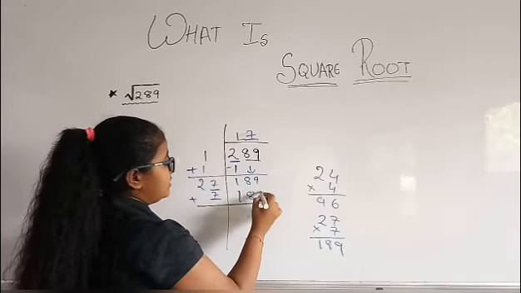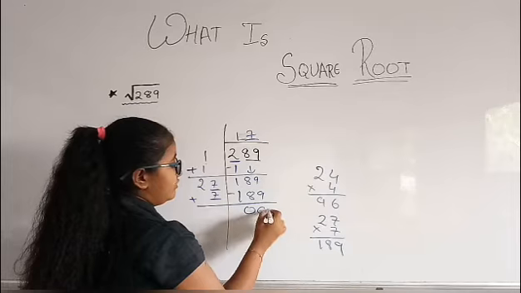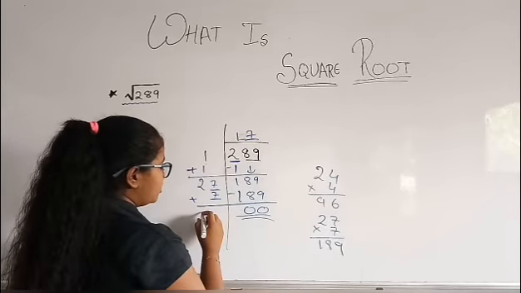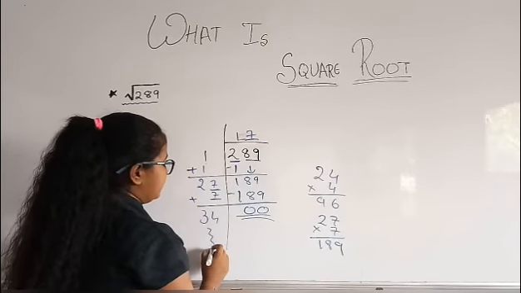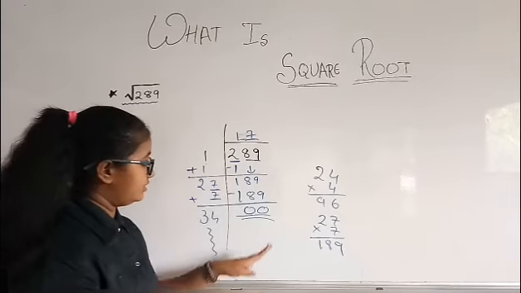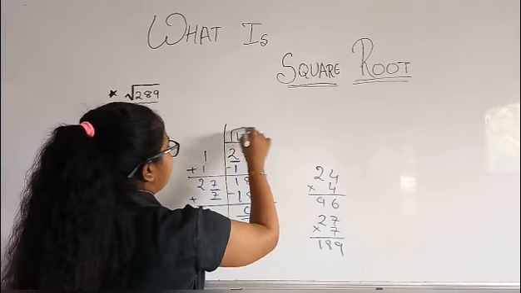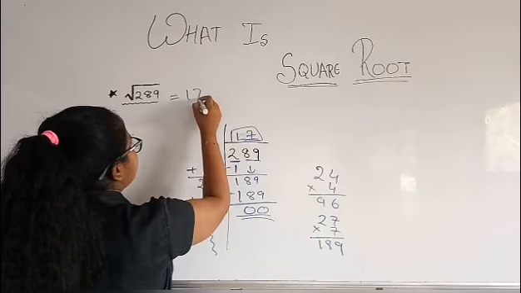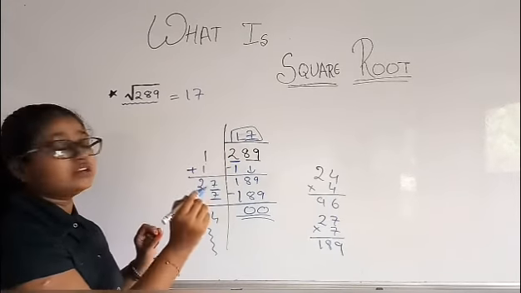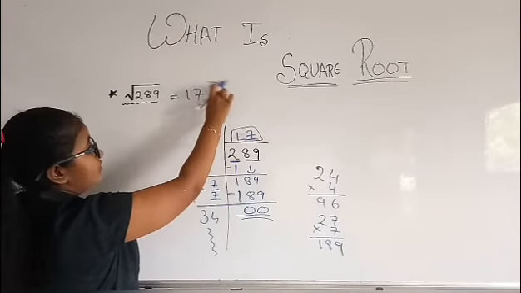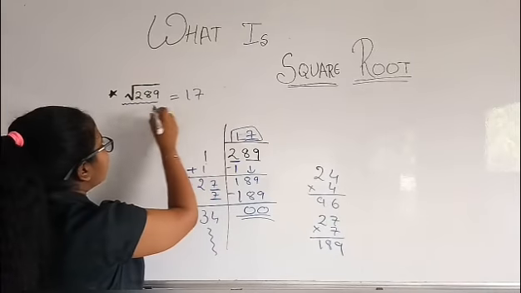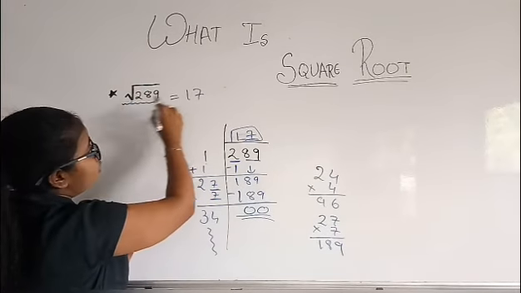We get 189. When we subtract it, we get 0, 0. So there is no need to extend this number. It's already 0, 0 here. So our final answer is 17. Don't write square here. It will be a huge mistake. When we have the root here, we don't have to write square.